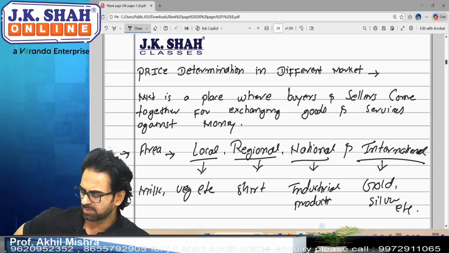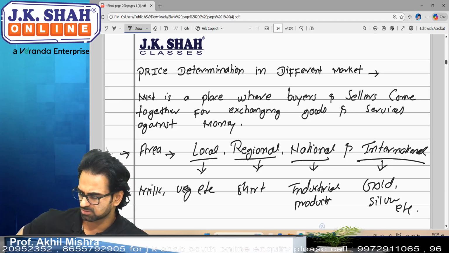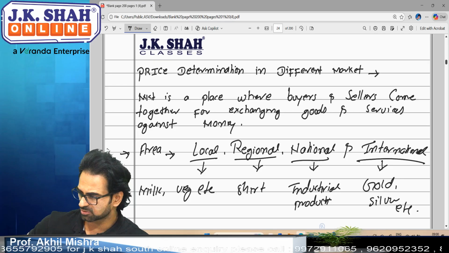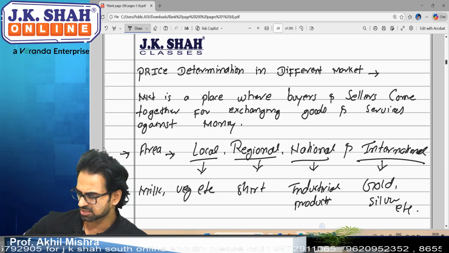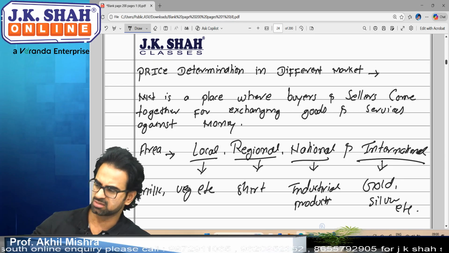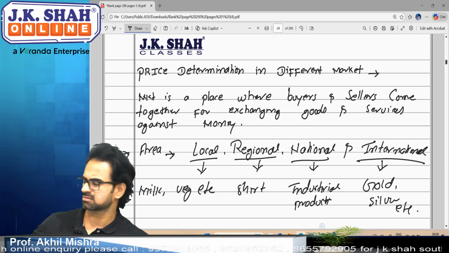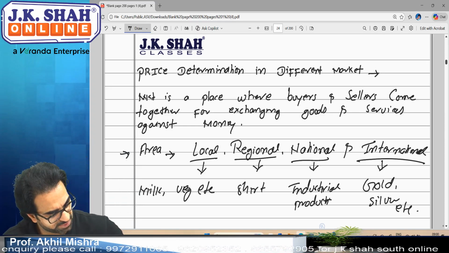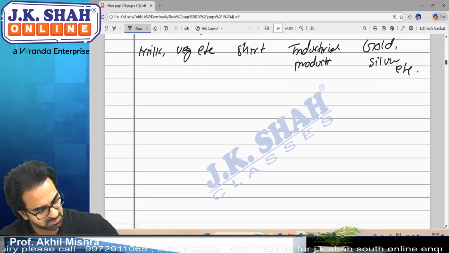Normally we sell here perishable goods like butter, milk, vegetables. Regional markets have durable and semi-durable goods like shirts, shoes, perfumes. National market, you get all industrial products like machines and electronic products. And international market, you can get all the precious commodities like gold, silver, platinum, diamonds, and other stuff. This was the first classification on the basis of area.